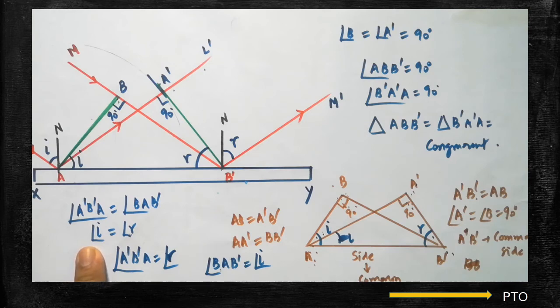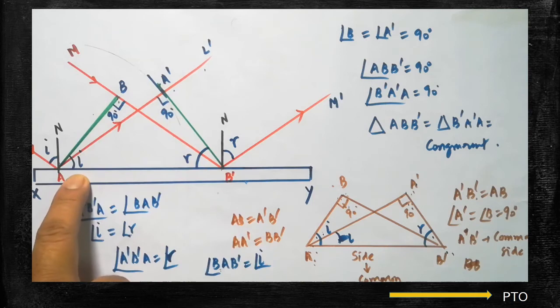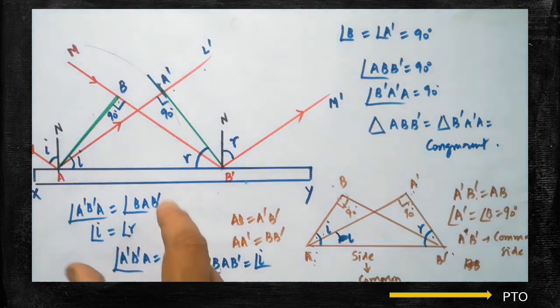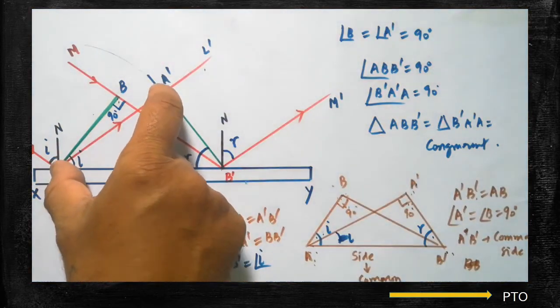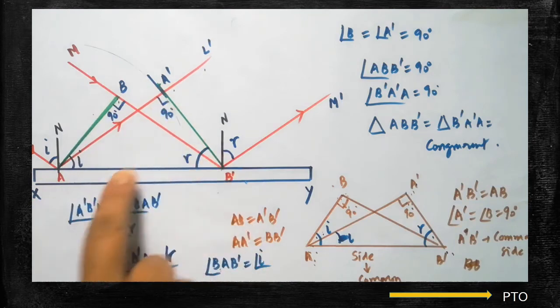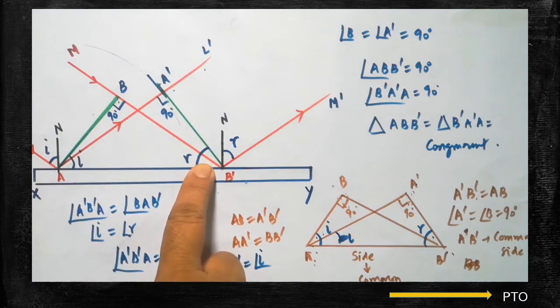Make a note. So here two triangles are there. This triangle and this triangle both are congruent triangles. According to the property of congruency, this side is equal to this side, this side is equal to this side, this side is equal to this side. For these two triangles, a common side is there. Are you clear?